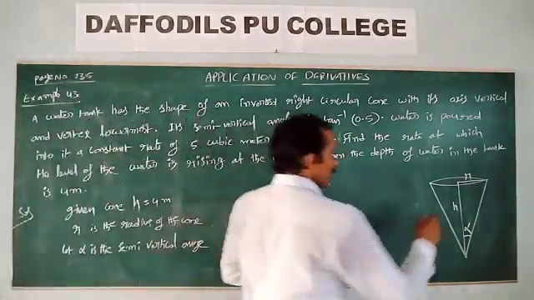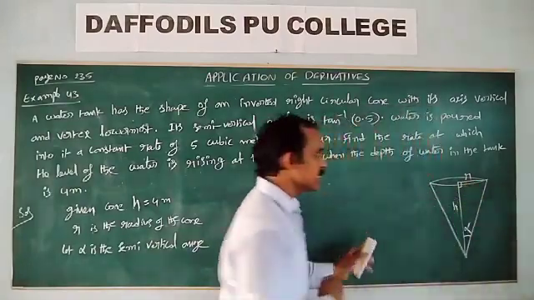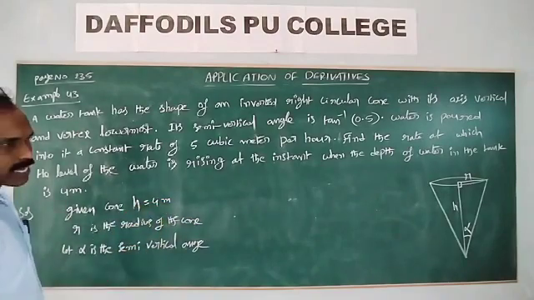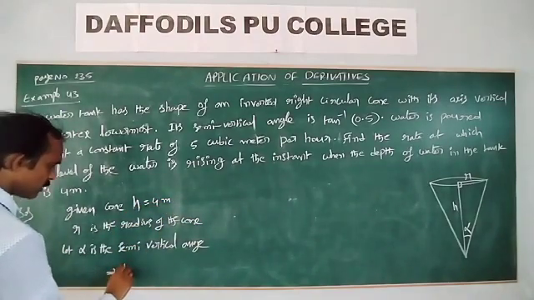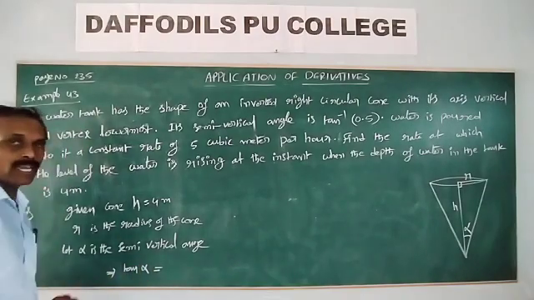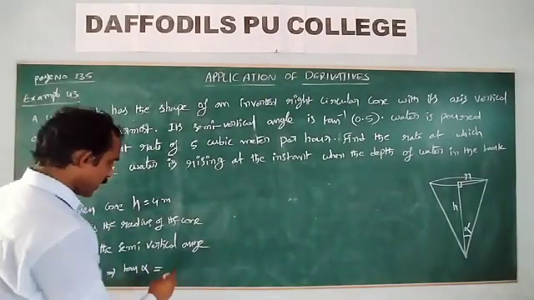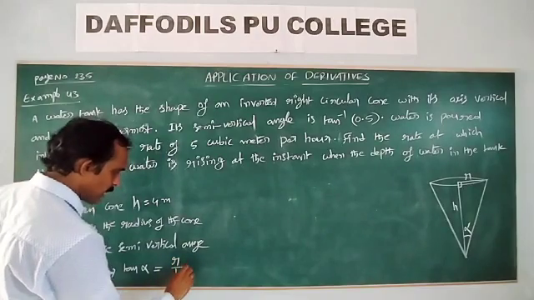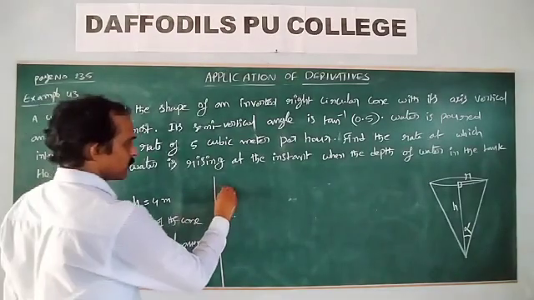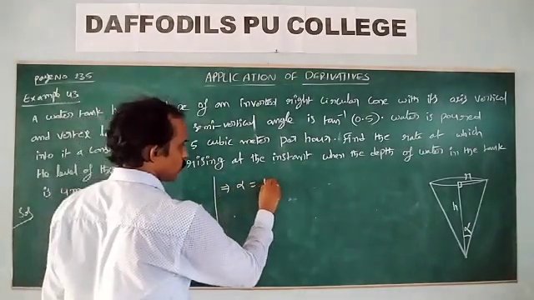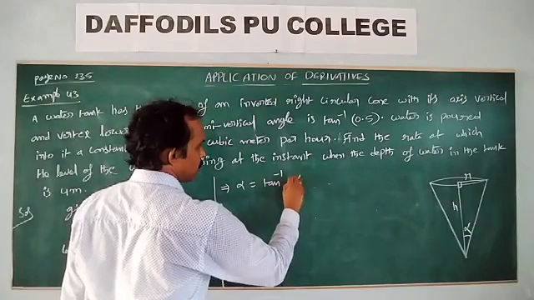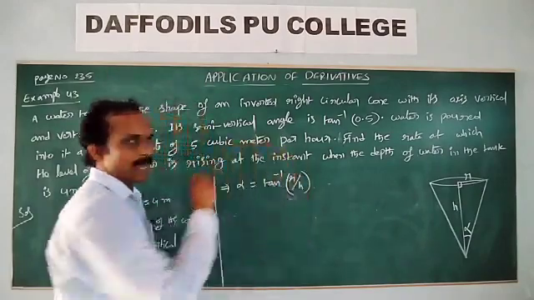From the right angle triangle, tan alpha is equal to opposite side over adjacent, r by h, so alpha is equal to tan inverse of r by h.